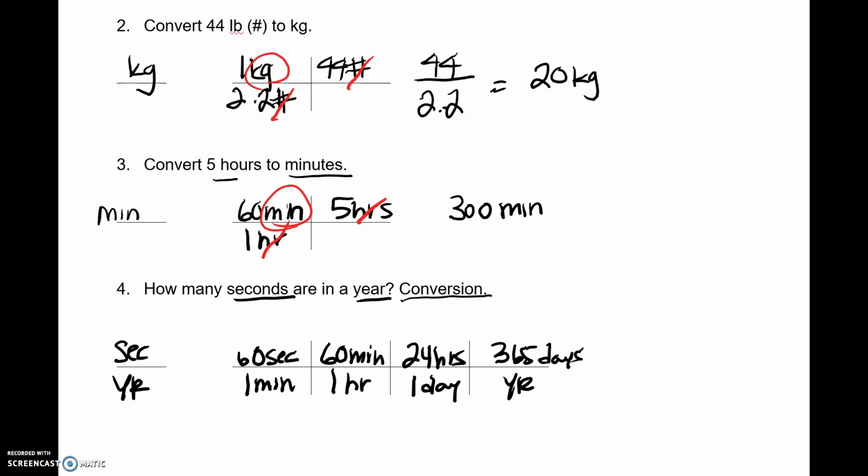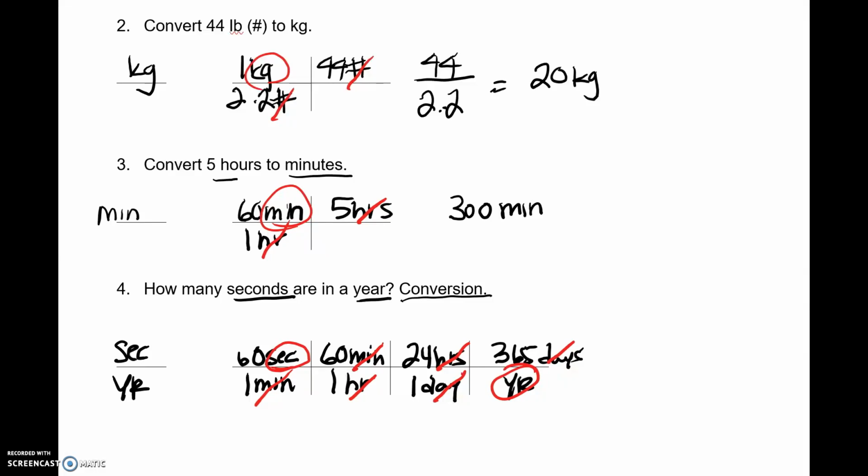Okay, we're just going to take our red pen and cross out anything that's canceled. Minutes will cancel because they're on top and bottom. Hours will cancel because they're on top and bottom. And days will cancel because they're on top and bottom. We have some mathematical magic that happens. Seconds per year comes out because that's exactly what we're looking for.